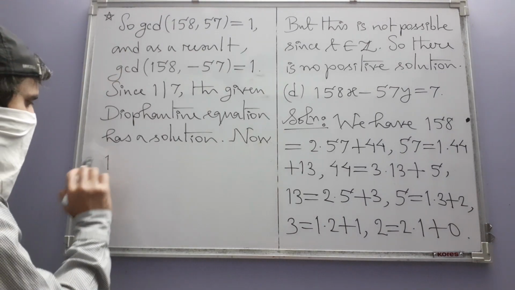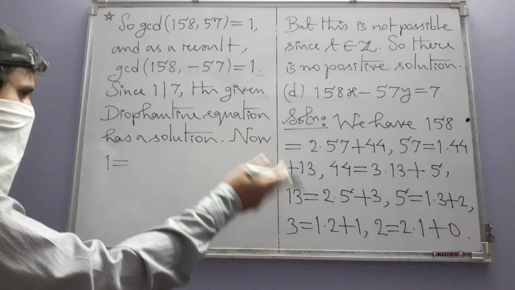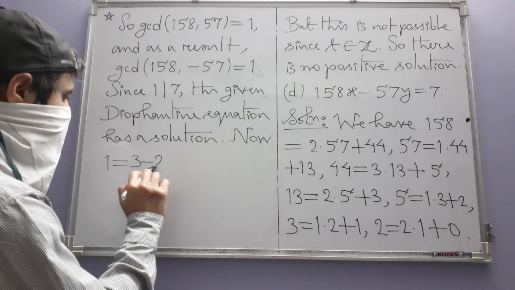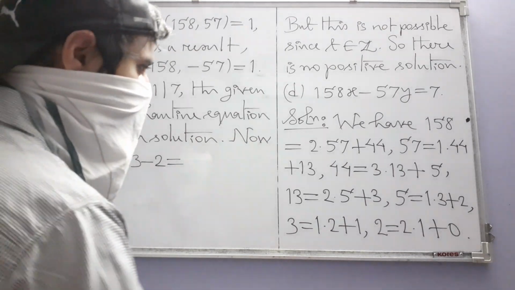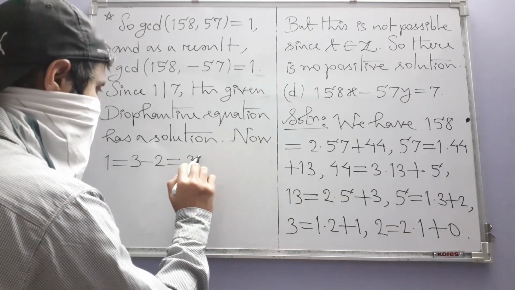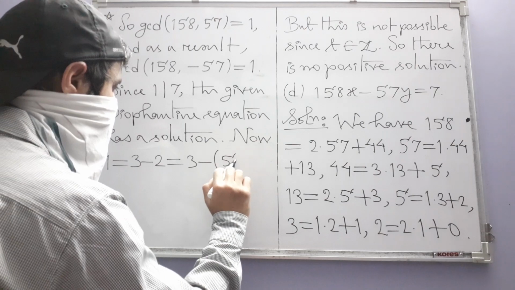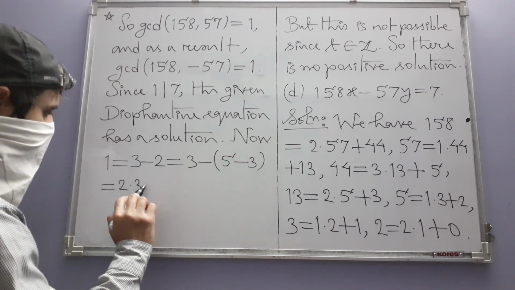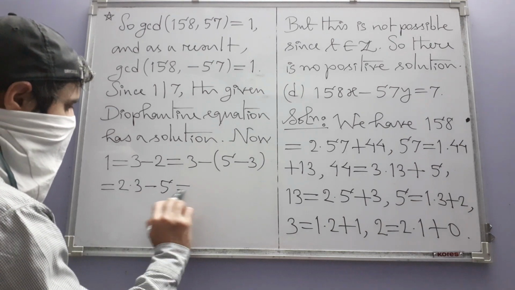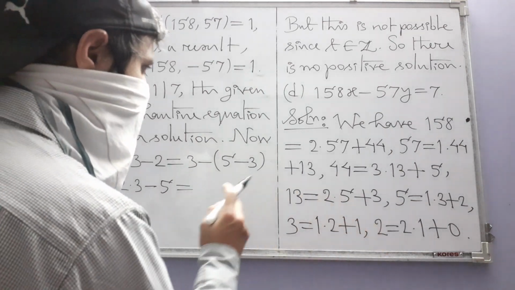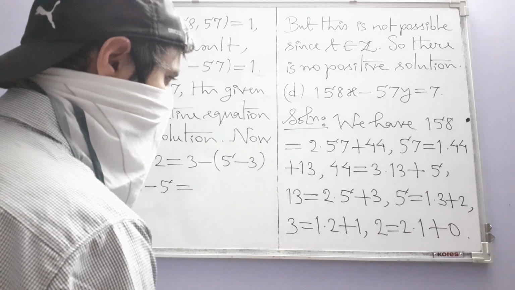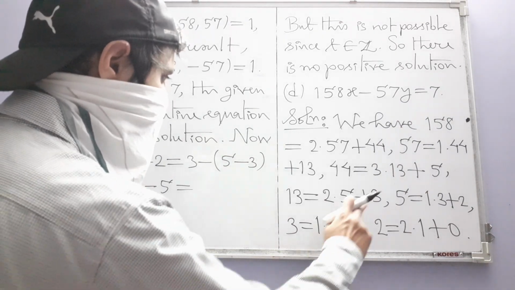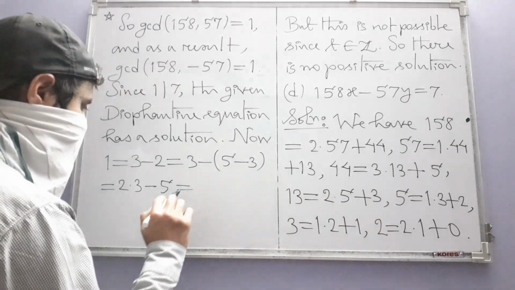So we go through the arduous process of going back. So 1 is first of all 3 minus 2, then 2 is 5 minus 3. So that means we get 2 times 3 minus 5. Then 3 is 13 minus 2 times 5.